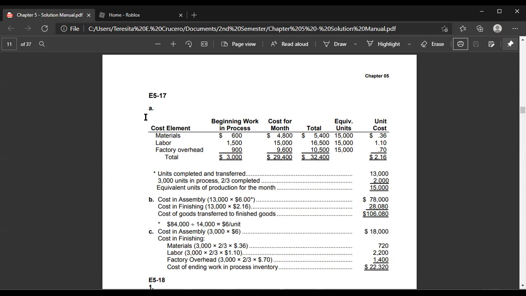So you get 18,000, and then we are given the cost in finishing with 36, 110, and 70. 3,000 units, and the work done is only two-thirds. So you now get the total cost of the work in process inventory. The cost of the finished goods, 106,080. And we have now your equivalent units.